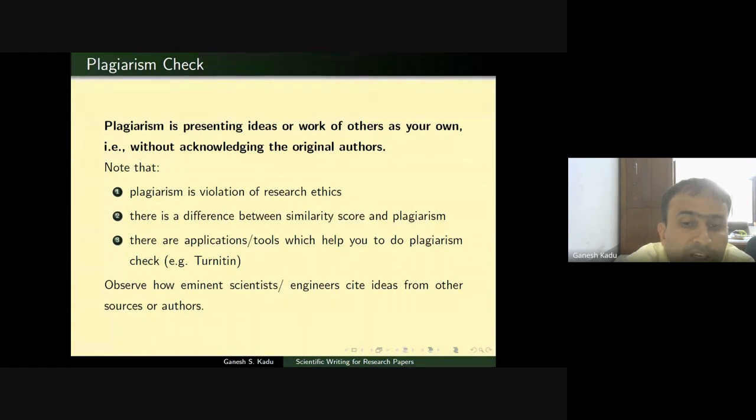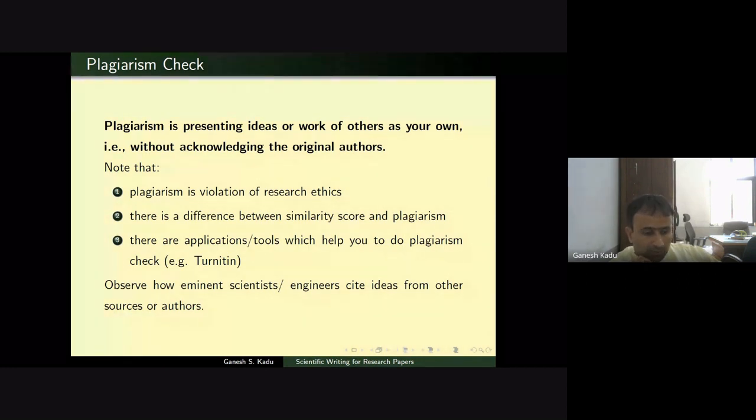So that's one way to avoid plagiarism. And another way is to understand how eminent scientists or engineers cite other people's ideas or works. That is again something that you must observe.